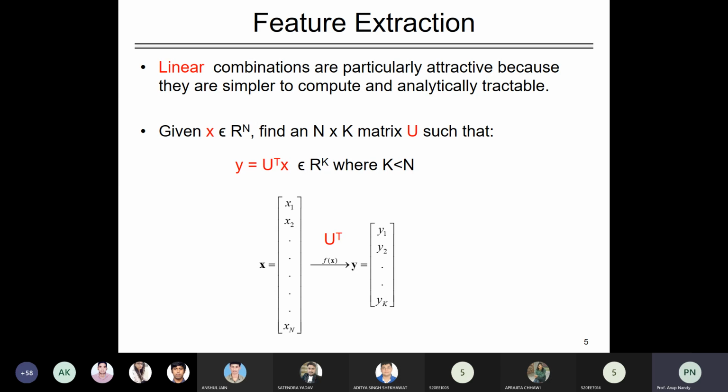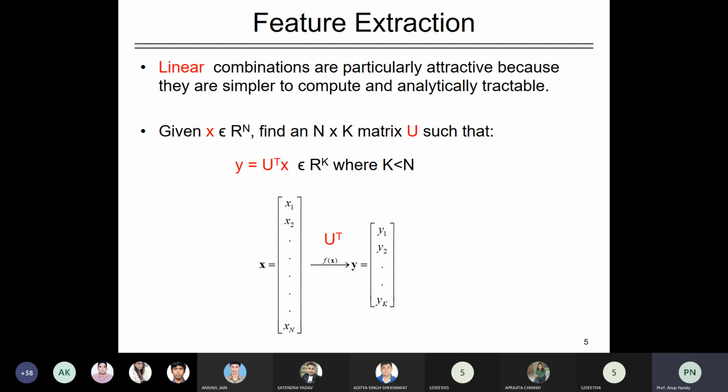So this is the linear form, where x is an n-dimensional feature, but after the transformation with U transpose, the transformation matrix having dimension n cross k, you are going to have k-dimensional features, where k is less than n.